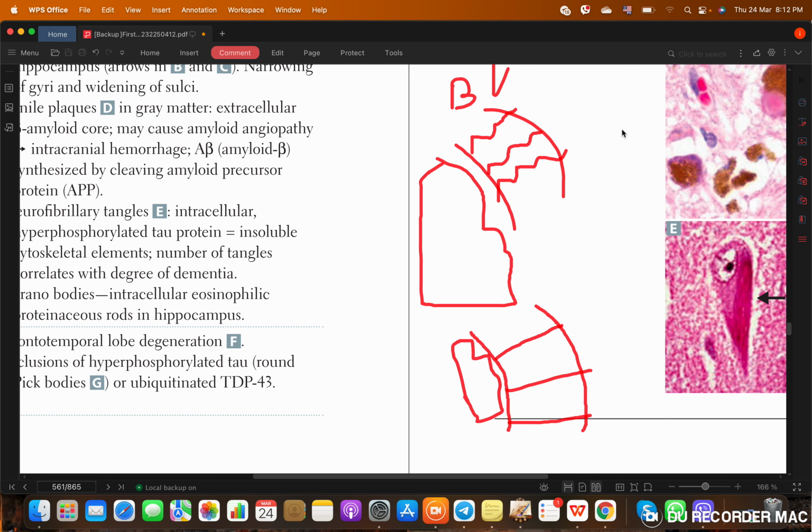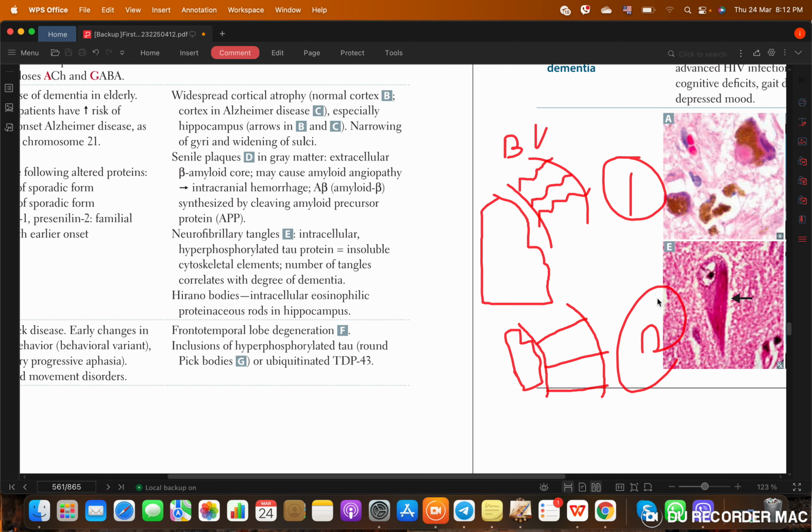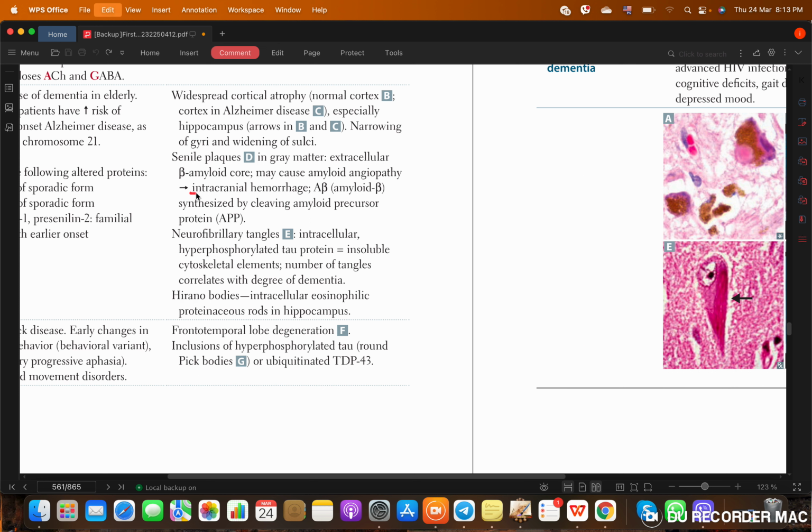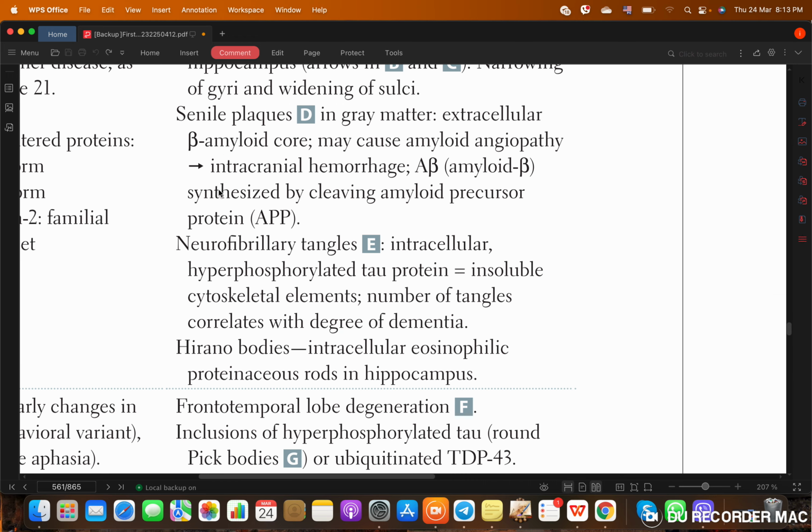So what do you think? Variant 1 or variant 2 has a higher risk of destruction and rupture? Logically, it's variant 2. That's why people have this amyloid angiopathy. I hope you understand. Intracranial hemorrhage can happen.